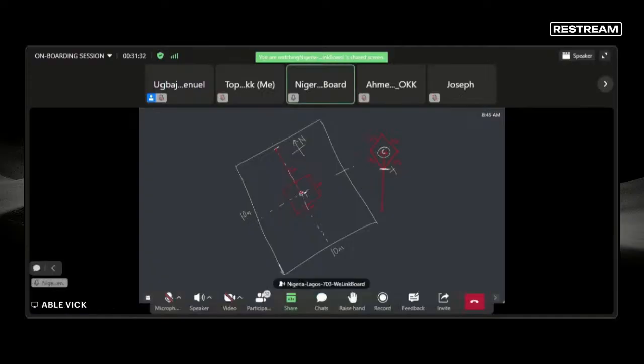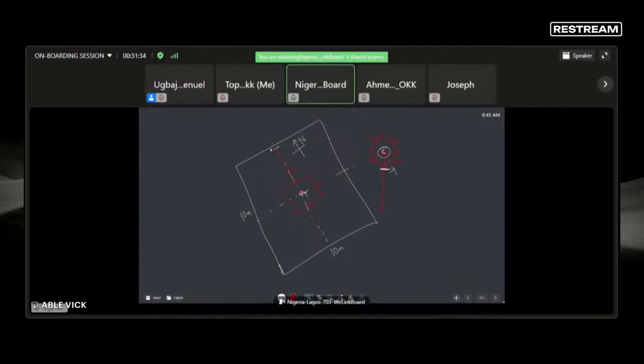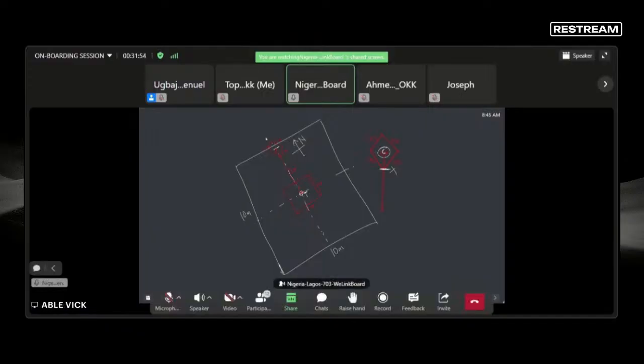So at 5 meters, you need to now set out your guide wire base plate. And for the trench, for working space, it has to be 1.1 meter by 1.1 meter around. We'll call this our guide wire at point A.